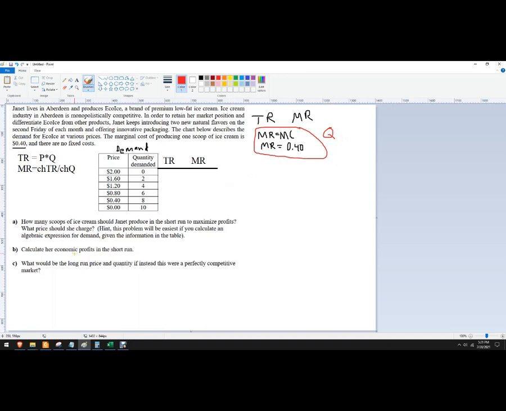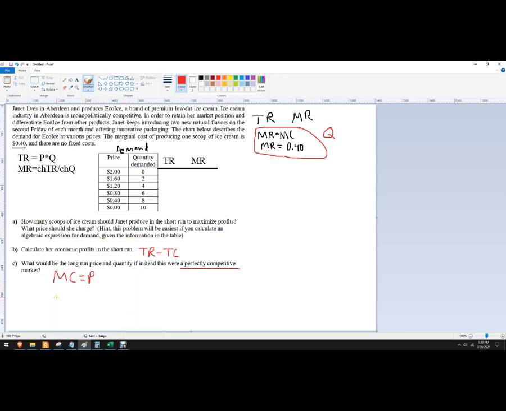Then we're going to calculate her profit in the short run. We'll just calculate total revenue minus total cost. And then, what would the long-run price and quantity be if this was perfectly competitive? That one we can actually answer here. This is going to be where marginal cost equals price, because the consumer doesn't see any difference between one product and the next.